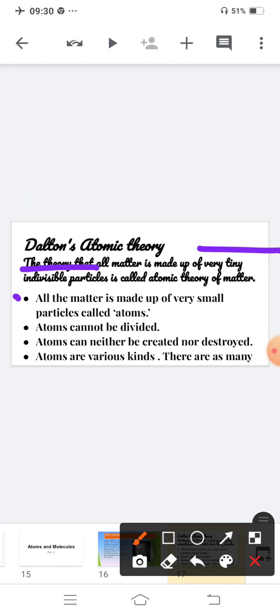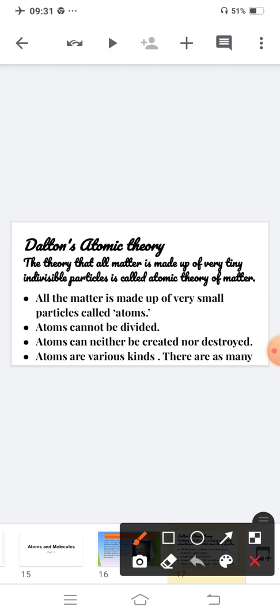If a question comes, what is an atom, you will write that the small particles which make up matter are known as atoms.